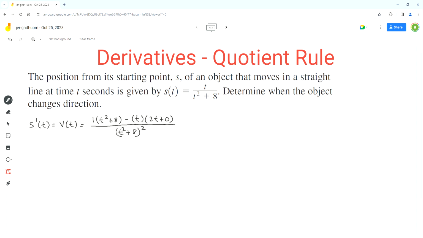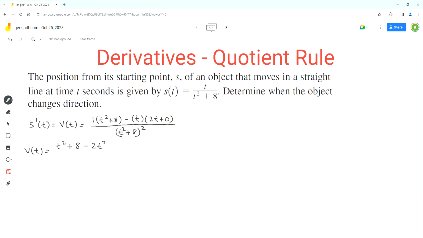Now we can simplify this expression. In the first step we just distribute the 1 into the parentheses, but that won't change anything, so we just get t squared plus 8. In the next part, 2t plus 0 is just 2t, so t times 2t is 2t squared.